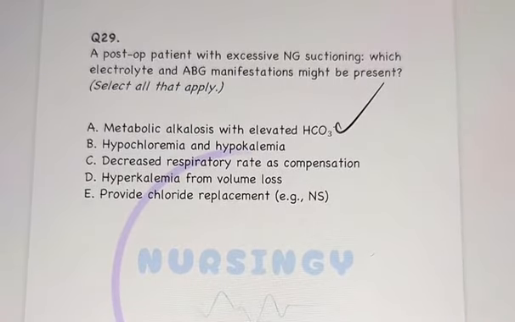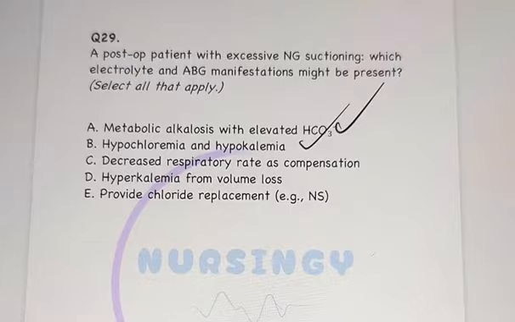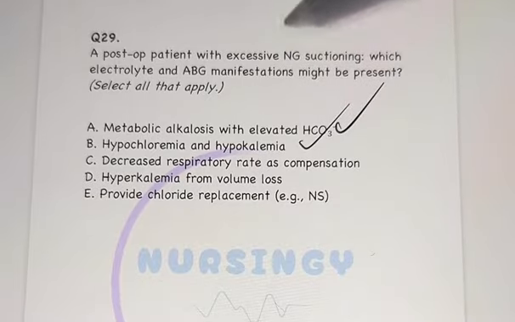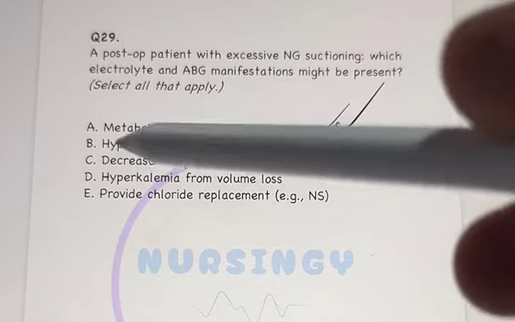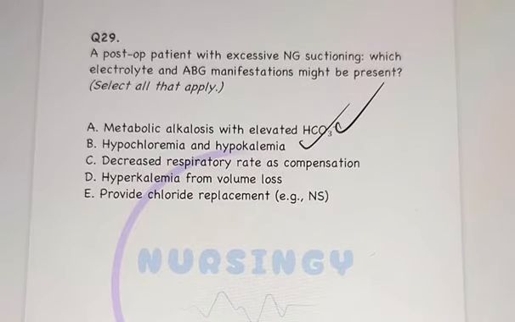What about B? Hypochloremia, hypokalemia. Yes, B is correct. We did a previous question on this too: when we lose stomach acid through vomiting, we also lose potassium and chloride, HCl, which is our stomach acid, hydrochloric acid. Decreased respiratory rate as compensation: is C correct?